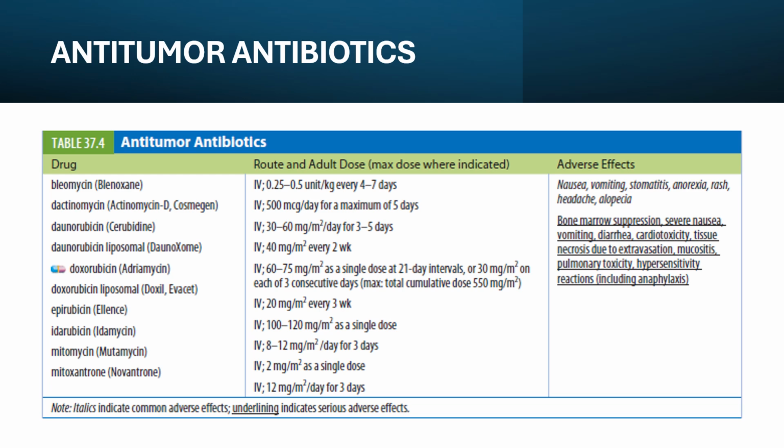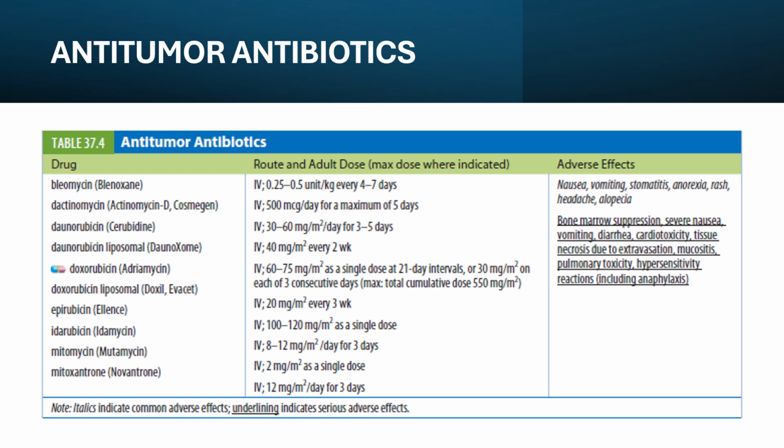These drugs can cause major damage to the skin, subcutaneous tissue, and nerves also should extravasation occur. As with many other anti-neoplastics, bone marrow suppression is a major dose-limiting adverse effect of drugs in this class.